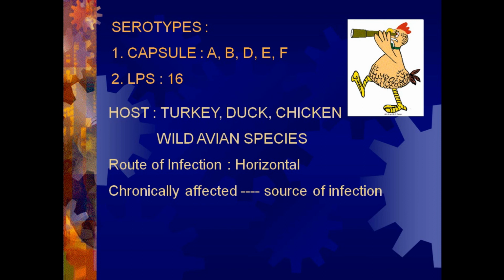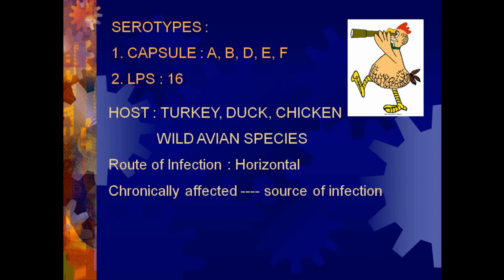As you know, pasteurellosis also affects mammals, for example, cattle, small ruminants like goat or sheep, and also pigs. But usually in mammals, it is caused by serotype O. So serotypes in chicken cannot infect mammals, and vice versa. Although they are the same species, the same Pasteurella multocida, they are different serotypes.